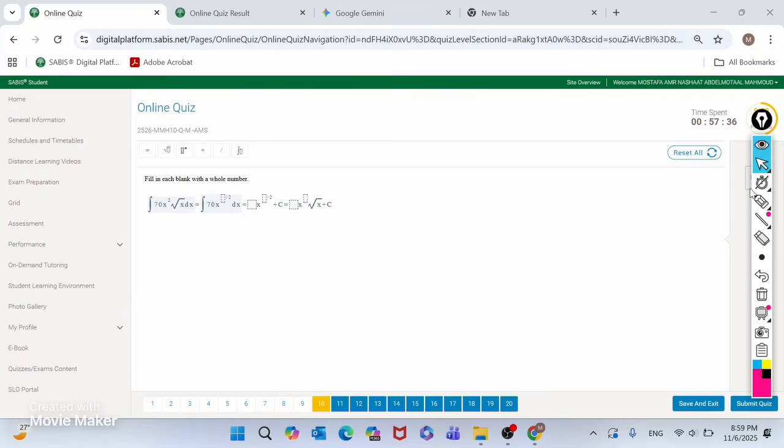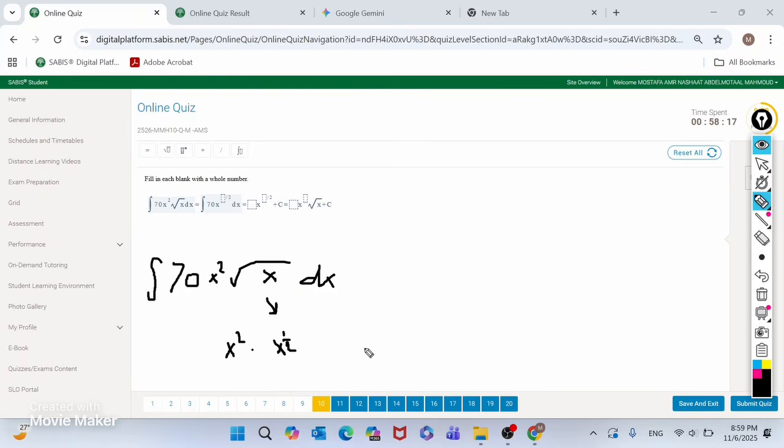Okay guys, this one you just integrate manually, normally. So 70 x squared radical x dx. Radical x is x to the power of 1 over 2, and we just add the exponents because we're multiplying.